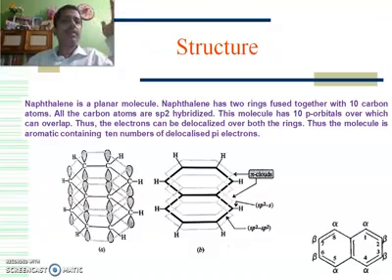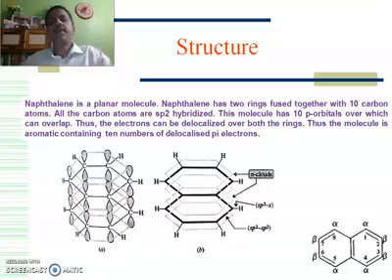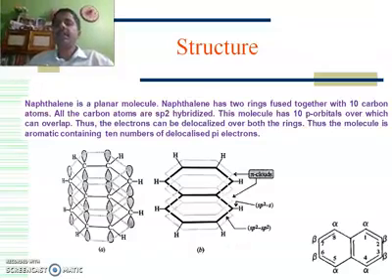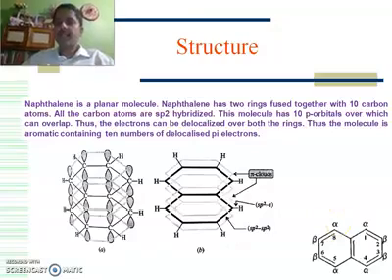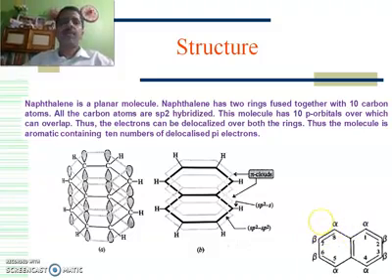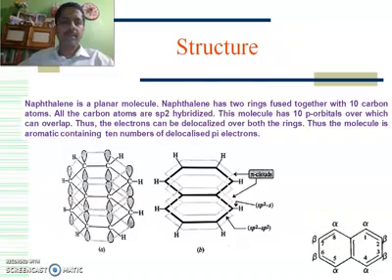There is no distinction between alpha and beta. In benzene, all the 6 carbons are equivalent, they are the same. But here in naphthalene, containing 2 benzene rings, all carbon atoms are not the same. There are two types of carbons here. We have already shown that 1, 4, 5, 8 are alpha and 2, 3, 6, 7 are beta. So remember the alpha and beta positions of naphthalene.